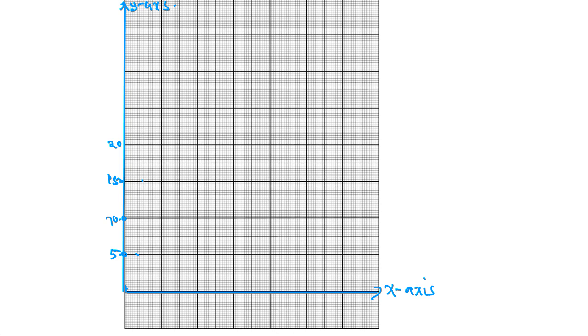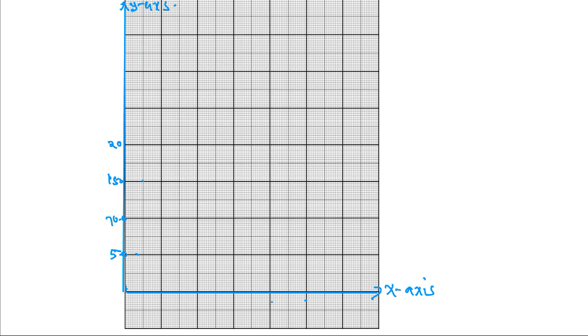Then the volume, we can use 4 per division: 4, 8, 12. That will be less. 16 will not be enough, because we have to use what will fit everything.